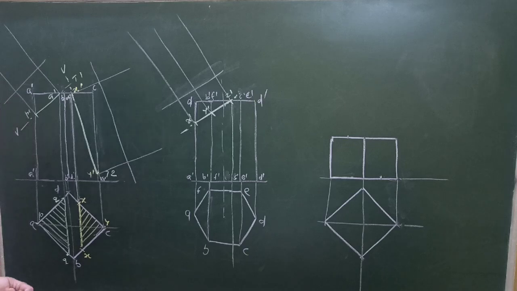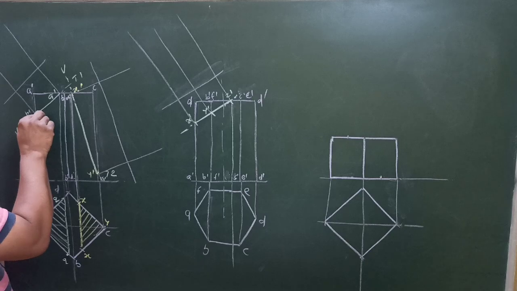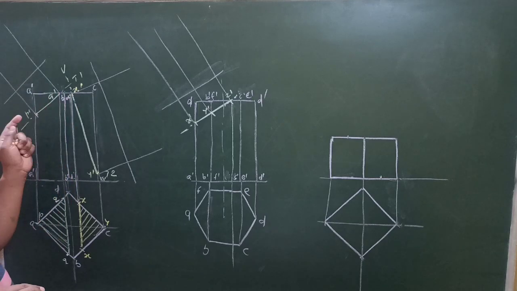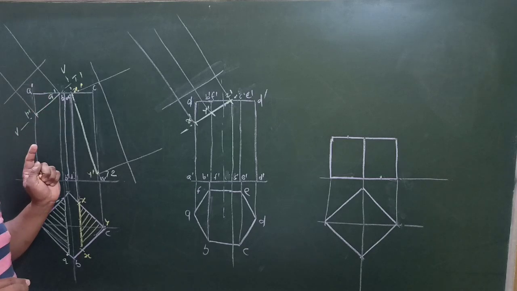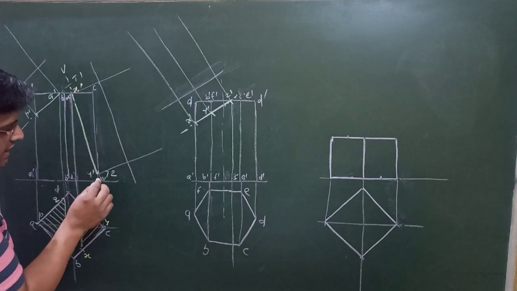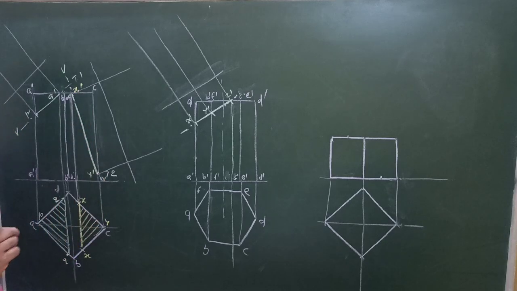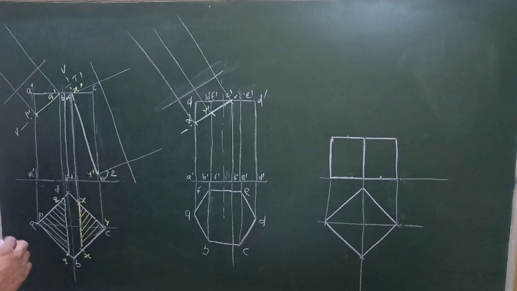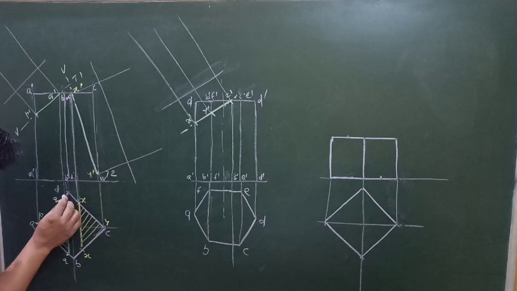So what you need to do, you have to identify the cutting points such as this one and this one for plane 1. So P dash and Q dash are the cutting points of plane 1. Similarly, X dash and Y dash may be considered as the cutting points of another plane. So how to do the sections of this prism? Consider this plane and drop vertically on the top view so as to cut the lines.